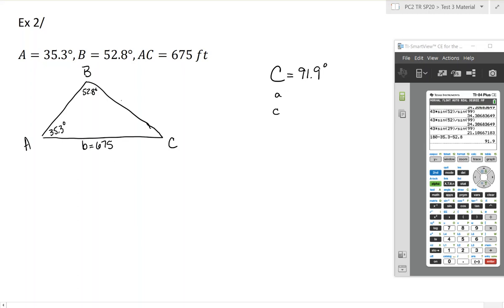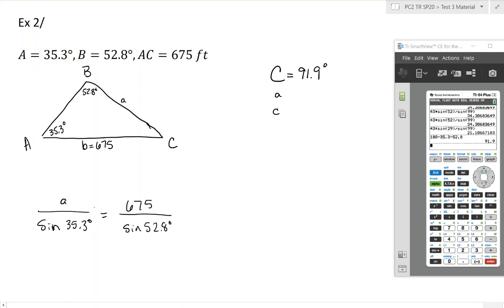And little a is over here. So we're going to say a over the sine of 35.3 degrees is equal to 675 over the sine of 52.8 degrees.